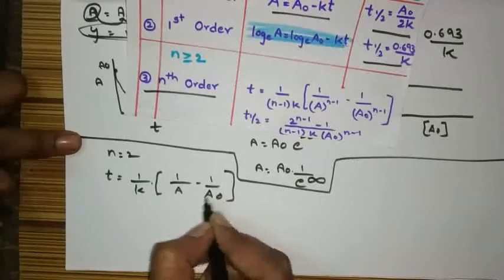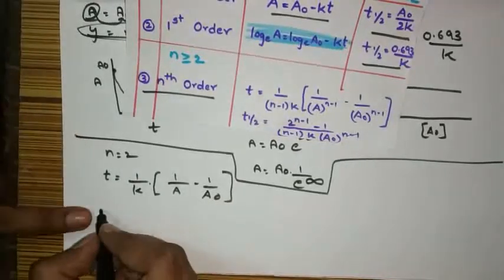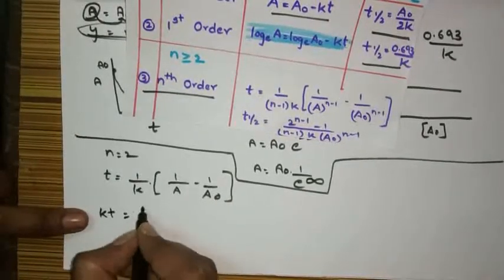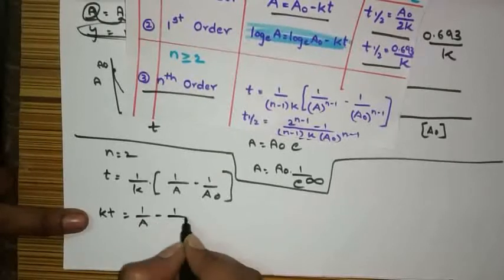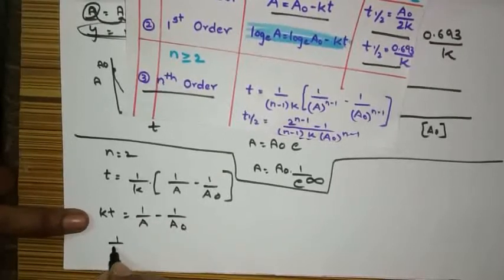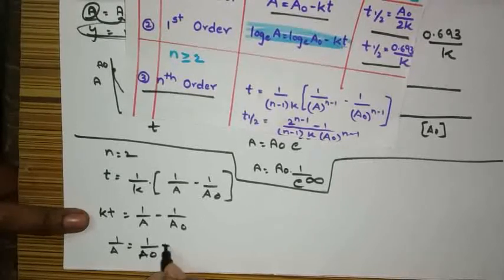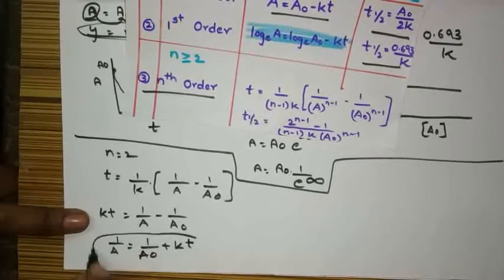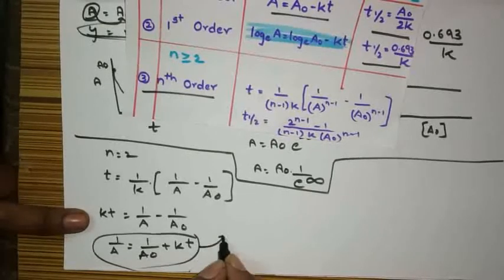A naught is the initial concentration, A is the final concentration. Kt is equal to 1 by A minus 1 by A naught, and 1 by A is equal to 1 by A naught plus Kt. From this draw the graphs.